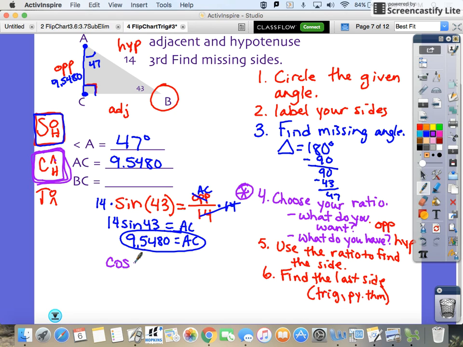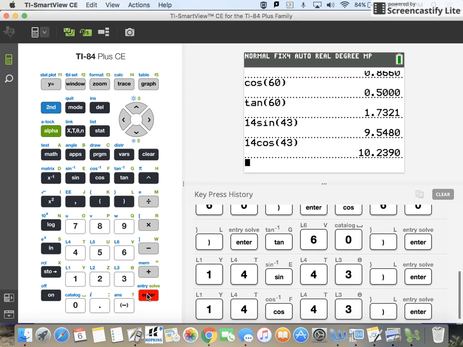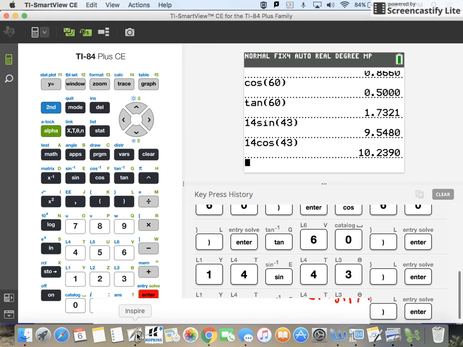So now we have cosine of 43, the angle we are given, is equal to CB or BC, which is our adjacent, over the hypotenuse, which is 14. So again, multiply by 14 on both sides. 14 cosine of 43 will equal BC, which is 10.2390.